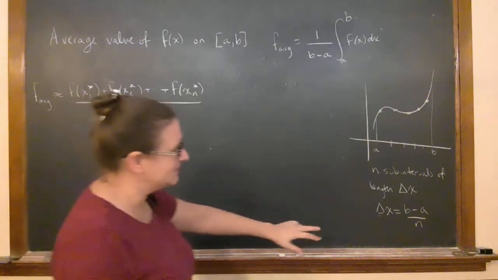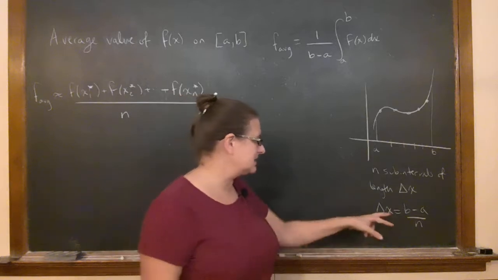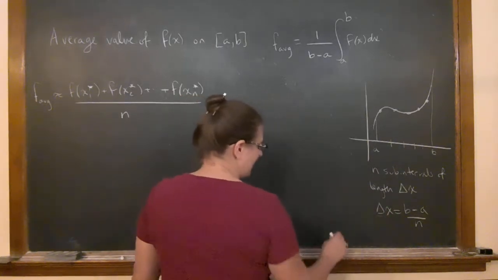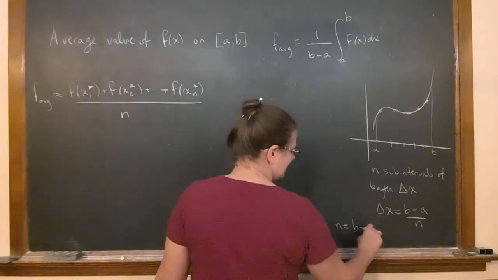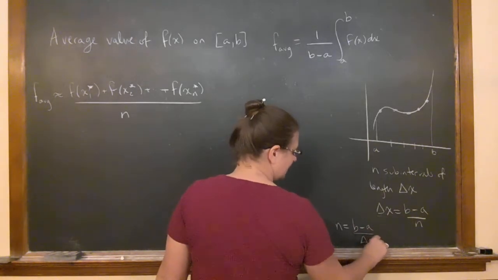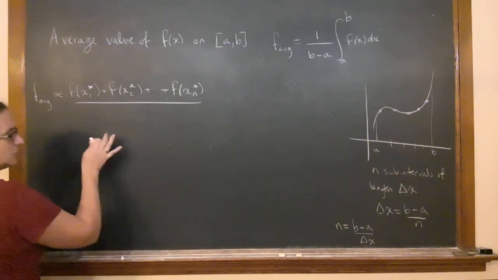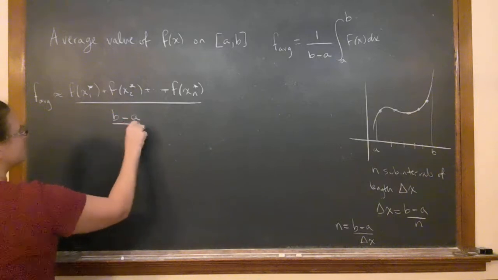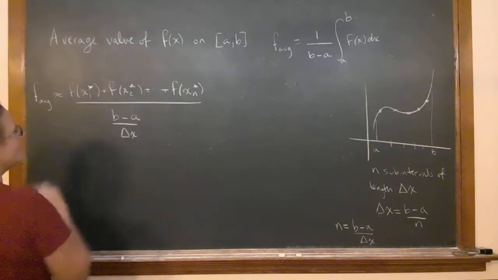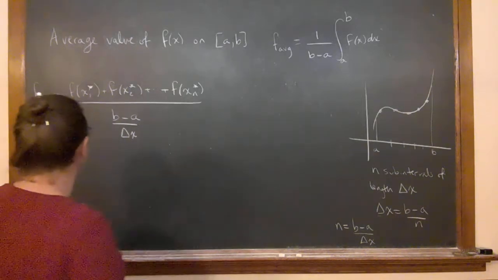If I look at this, I can just take this little bit about delta x and solve that for n. This would tell me that n is b minus a over delta x. So I can substitute that in for this n. I'm cheating, not writing the whole thing over because it's kind of long. This is b minus a over delta x. Now I have something that's a little awkward because it's a compound fraction.